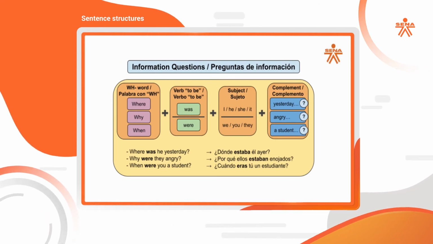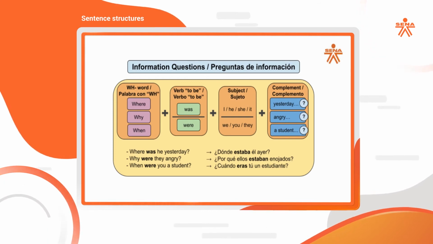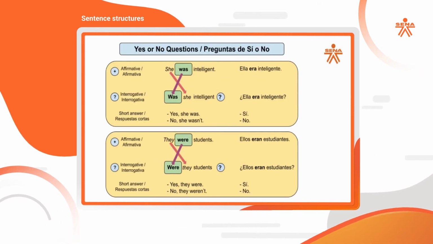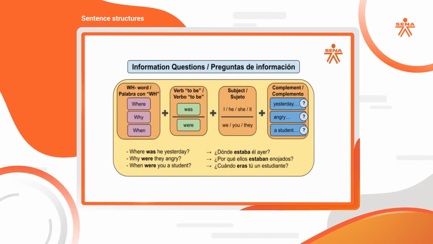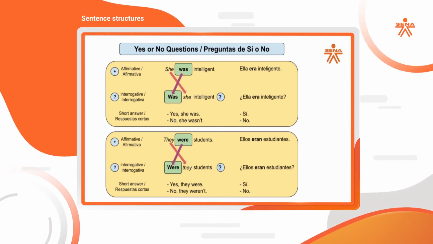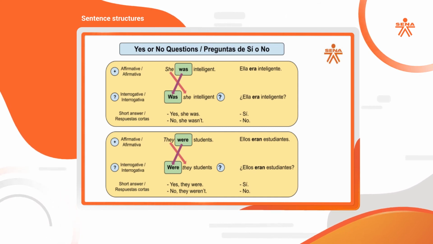For the information questions, it's exactly the same structure as yes or no questions, but you're going to put at the beginning of the sentence or at the beginning of the question a WH word. The difference between a yes or no question and an information question is that a yes or no question, like its name says, is asking for you to confirm or deny something.